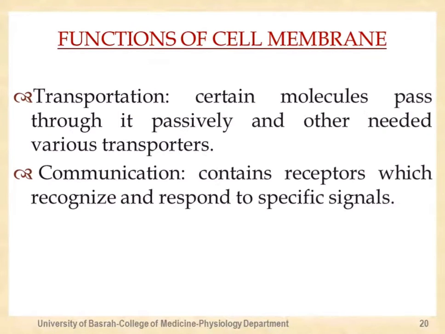Now, transport of certain molecules: some pass passively, and some of them pass very easily passively, and others need various transporters. The communication between the cells contains receptors which recognize and respond to specific signals.